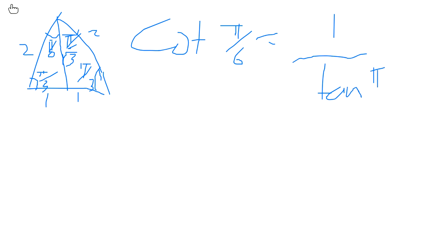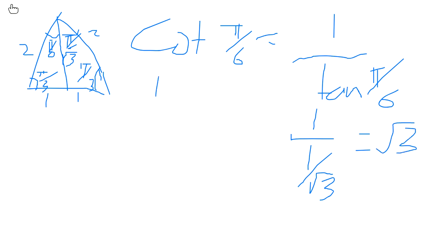Now, tan pi over 6, when you are looking at it from here, it will be opposite over hypotenuse. So it's going to be 1 over root 3, which will be the same as root 3 over 3. When you punch it on the calculator, 1 over tan pi over 6 will give you root 3 over 3.